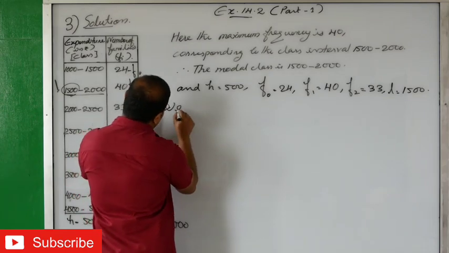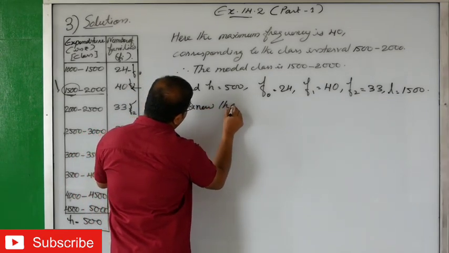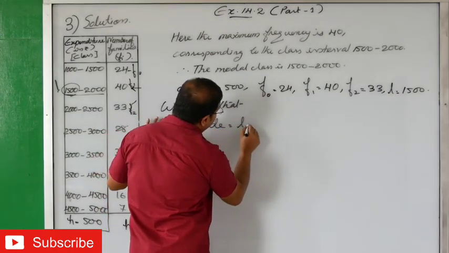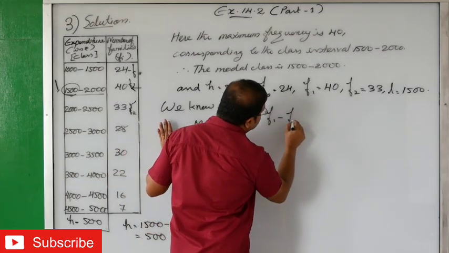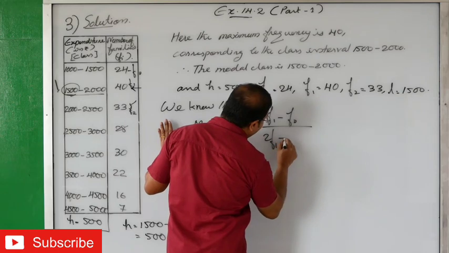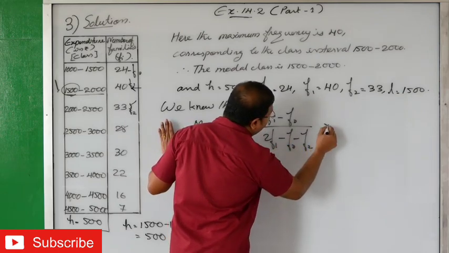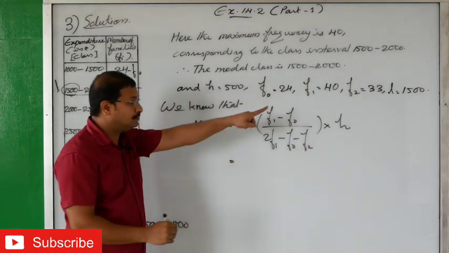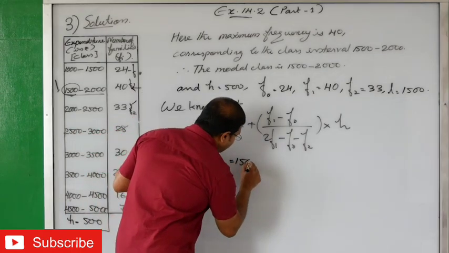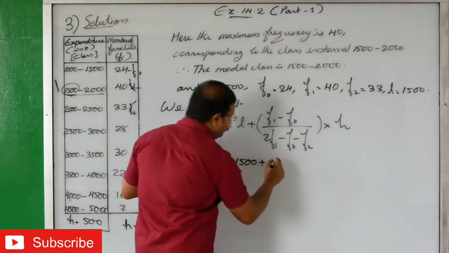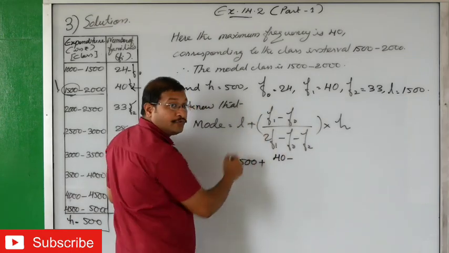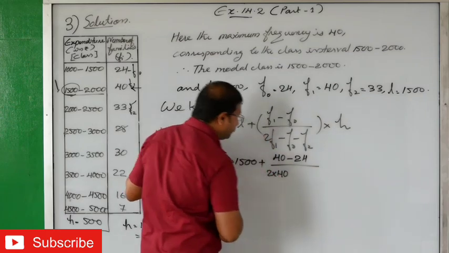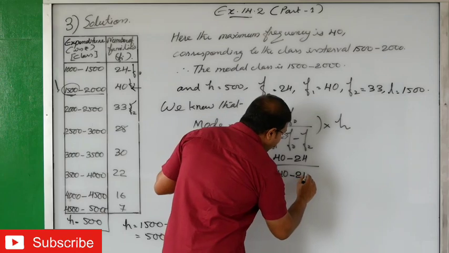We know that mode equals L plus (F1 minus F0) divided by (2F1 minus F0 minus F2), into H, equals, what is the value of L? 1500 plus F1 40 minus F0 24, divided by 2 into F1, F1 is 40, minus F0 is 24, minus F2.